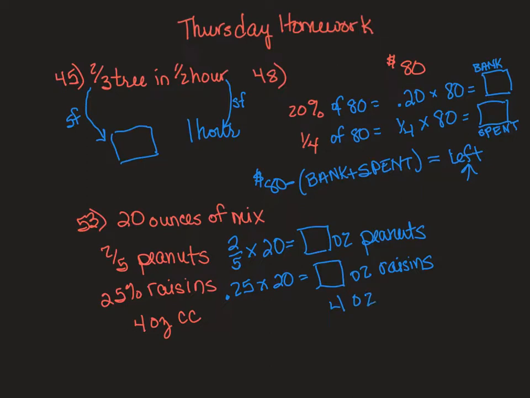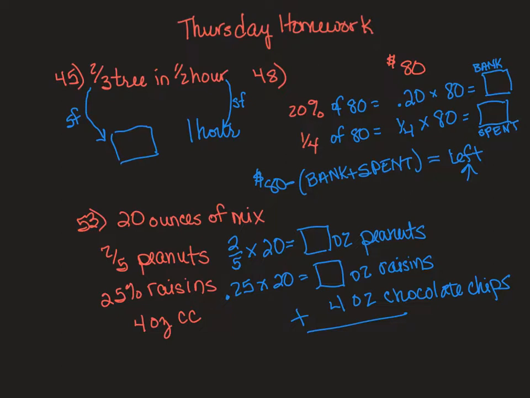I don't have to do anything about that in chocolate chips. And so if I add these all up, I know how many ounces are taken up by peanuts, raisins, and chocolate chips.